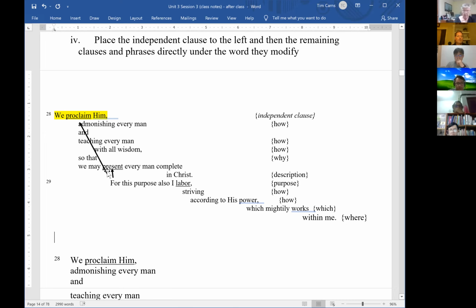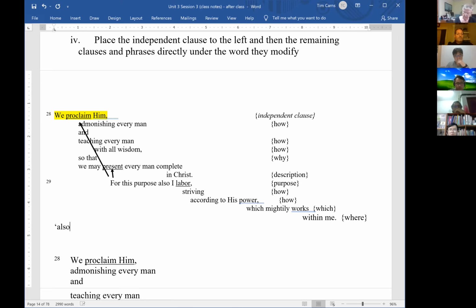All right. So what I typically will do is if I have a question on a particular phrase, like in this case, I look at it and say it's possible it could be going to one of these two verbs. Then I'll ask myself, what would be the case for it saying it goes to present? What would be the reason in the context? And then I would ask, what are the possibilities for proclaim?